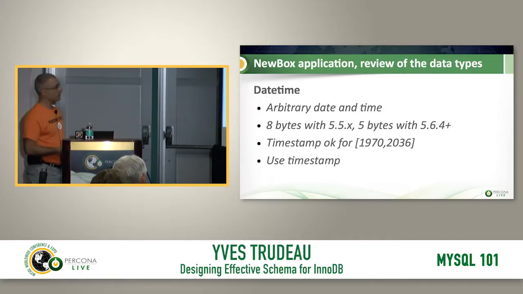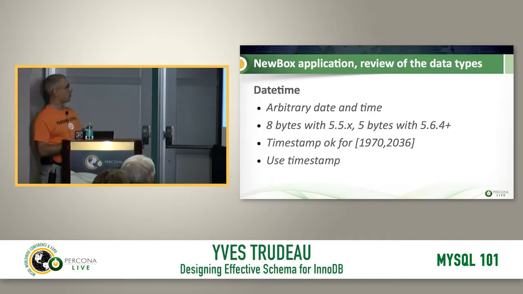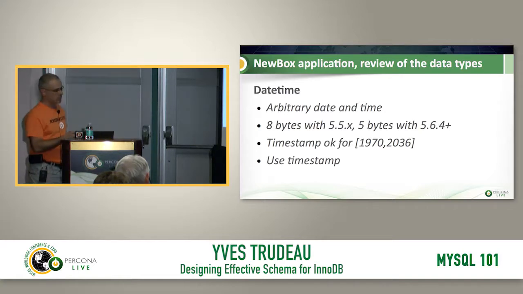Datetime. It's a convenient format. It stores an arbitrary date and time. But with 5.5, it's 8 bytes. With 5.6 plus, it's 5 bytes plus the precision you want it to have. 5 bytes, I think, is for seconds. If you want microsecond or something, it grows. So it's still a fairly large type.